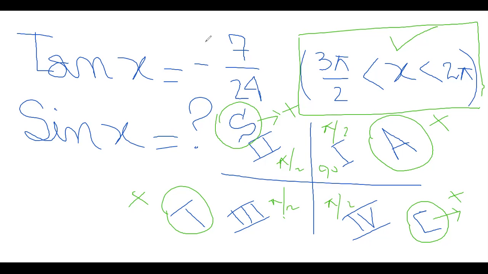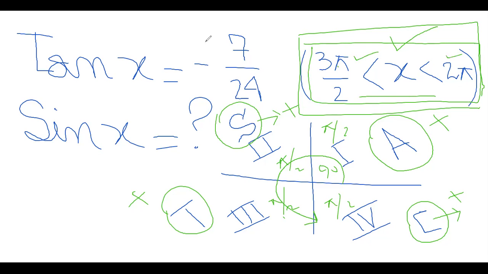So in which quadrant should that be? This is the first 90 degrees, then 180 degrees, then 270. And the angle must be greater than 270 and less than 360.